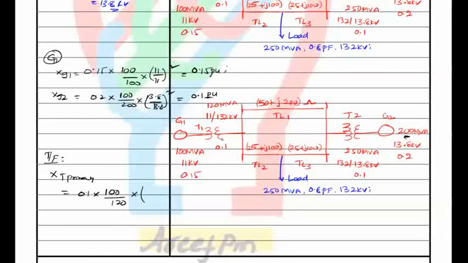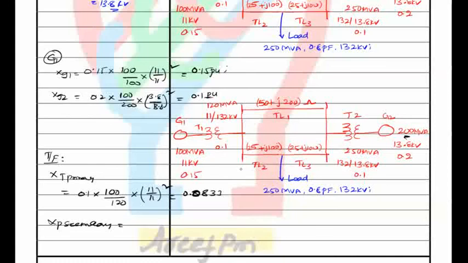The primary side is 11 only, so 11 divided by 11 whole square. You will get 0.0833.